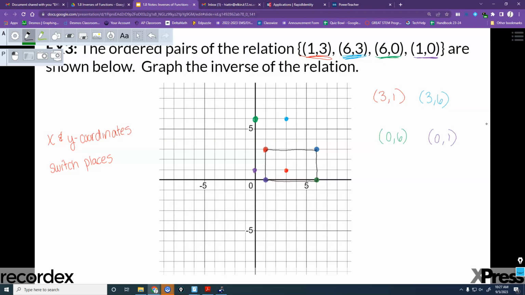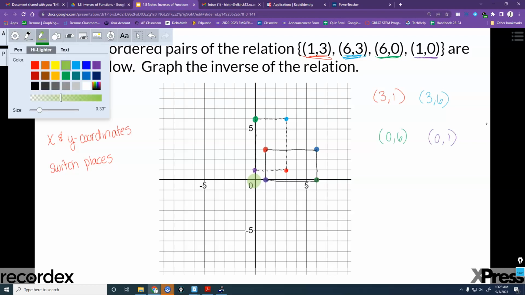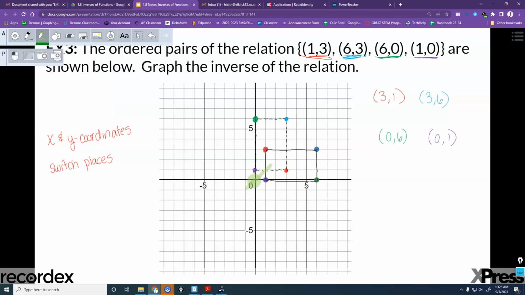And then our new graph, let's use a dotted line to show you where that new one is. Okay, now, if I graph the line y equals x, that is the line that cuts the first and third quadrants in half.